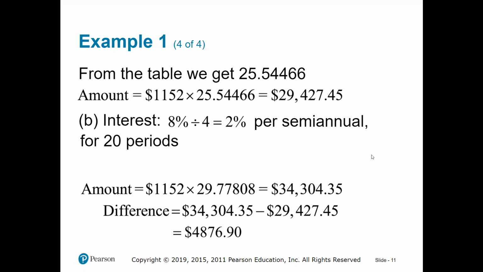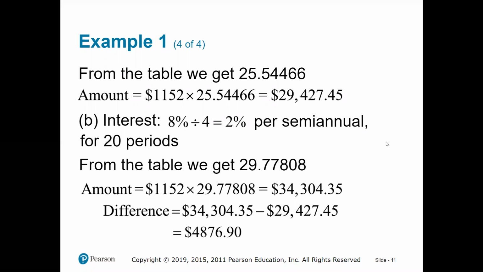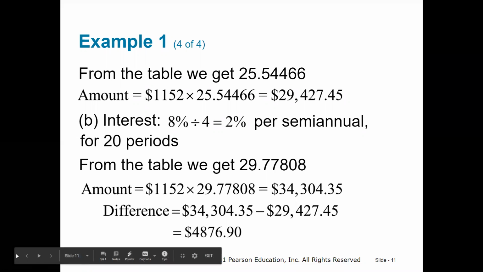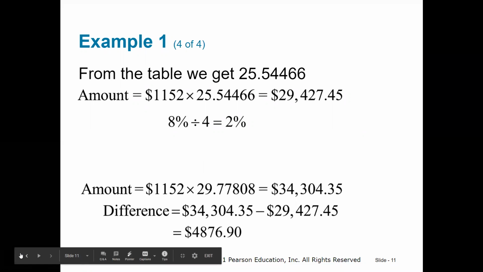Part B is going to be extremely similar. You'll do 8% divided by 4, which is going to give you 2% per 6 months for 20 periods. I don't know why they're dividing by 4 here. I feel like they should be dividing by 2.